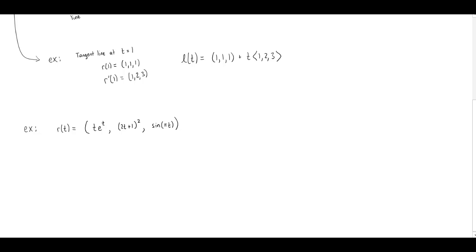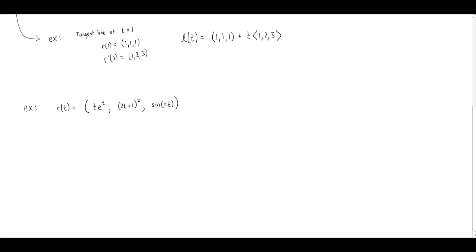All right, so it's a somewhat more complicated curve. Let's say we want to, again, find the equation of the tangent line. Let's say we want the tangent line at the point 0, 1, 0.